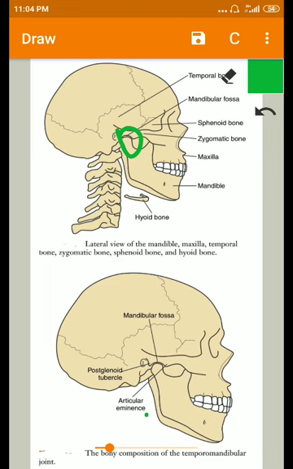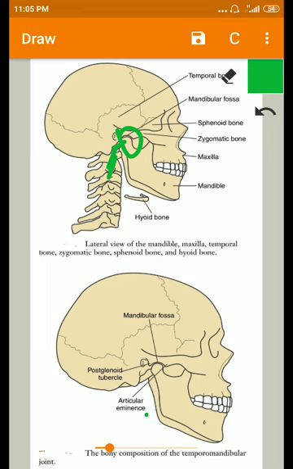By knowing the structure and function, you can appreciate and understand its unique features, and also understand the relationship between the temporomandibular joint and the cervical spine, and the impact, impairments and pathologies related to the temporomandibular joint.